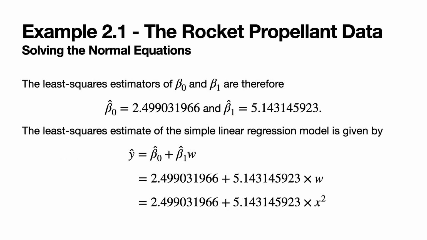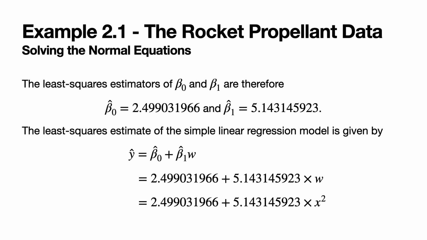The least squares estimators of beta 0 and beta 1 are therefore beta 0 hat equal to 2.499031966 and beta 1 hat equal to 5.143145923. The least squares estimate of the simple linear regression model is given by y hat equal to beta 0 hat plus beta 1 hat times w, which is 2.499031966 plus 5.143145923 times w.